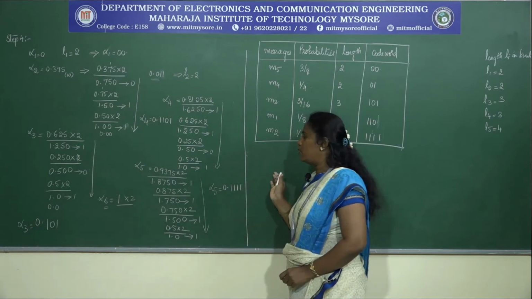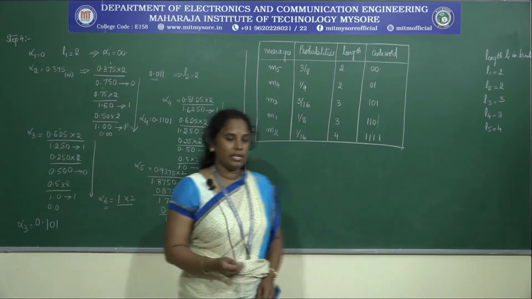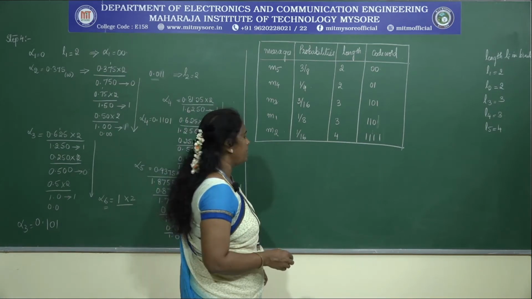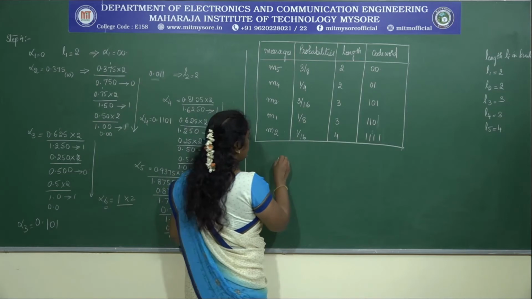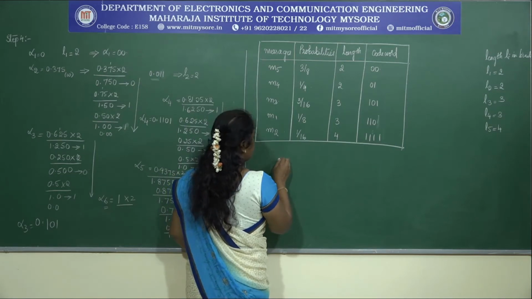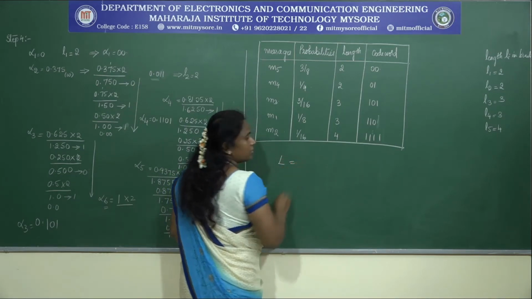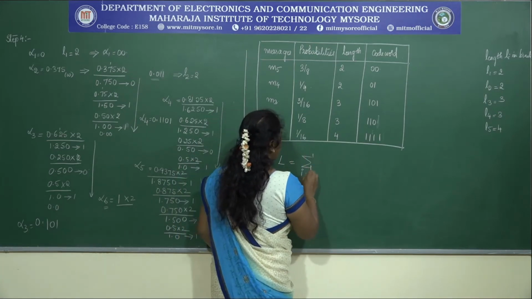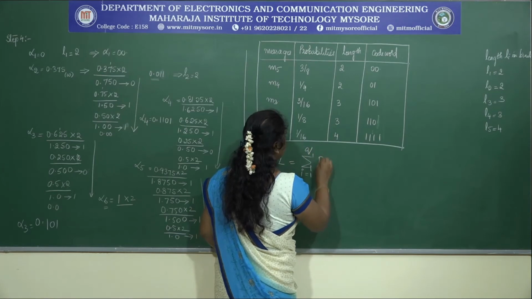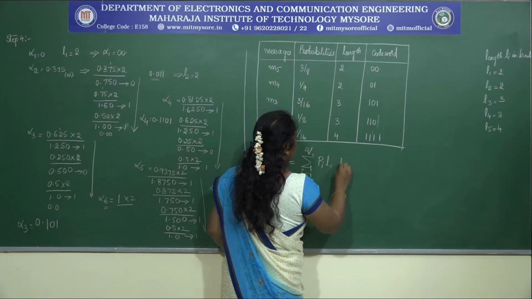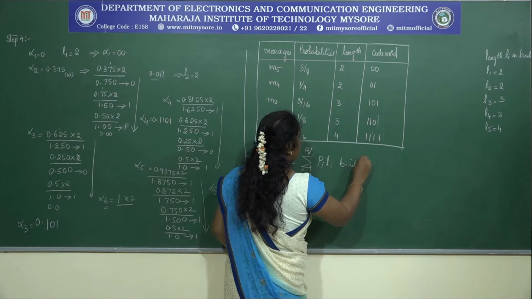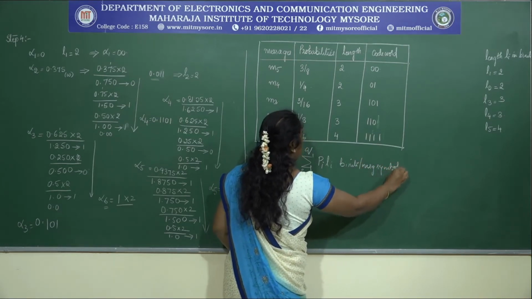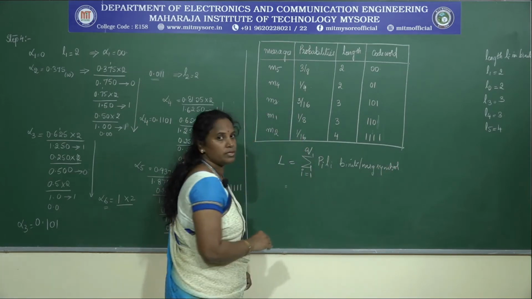For finding the code efficiency, you require the entropy. First we need to consider the average length L, that is the summation of i equal to 1 to Q of Pi into Li, bits per message symbol. How many source symbols do we have?